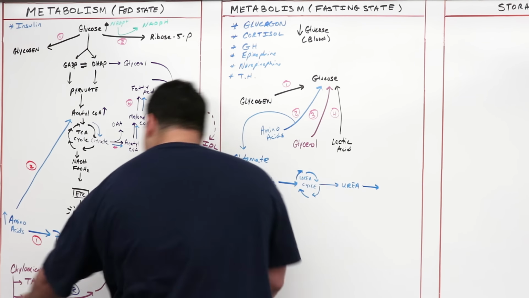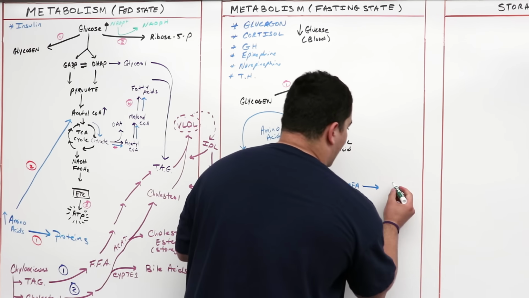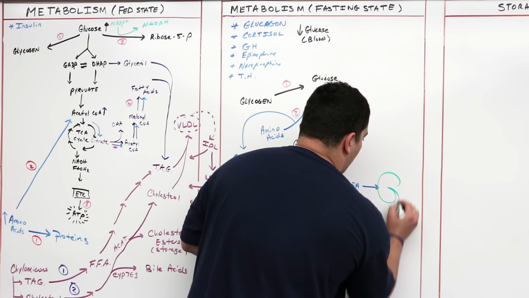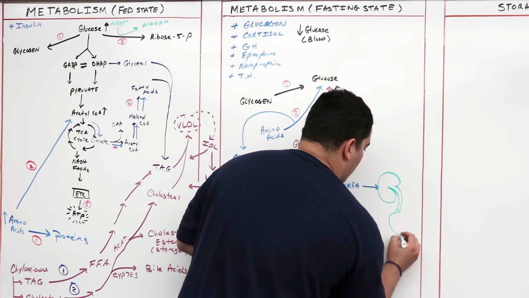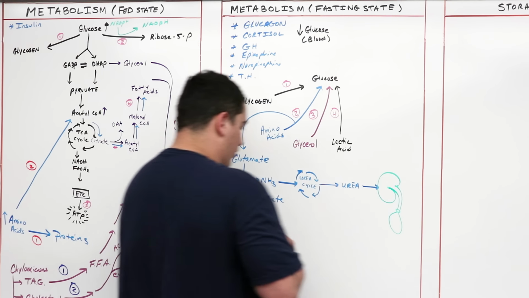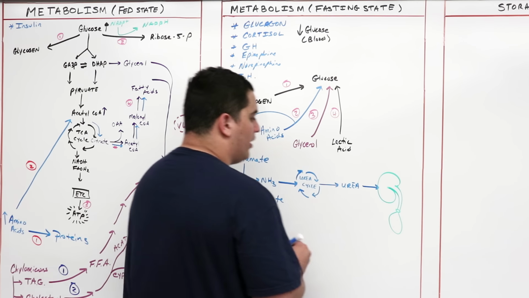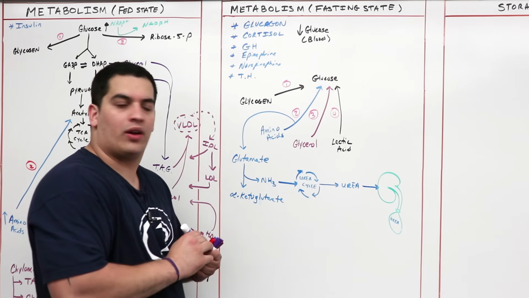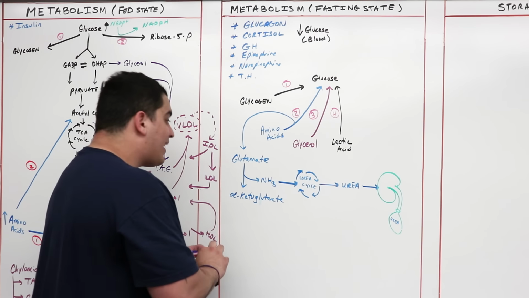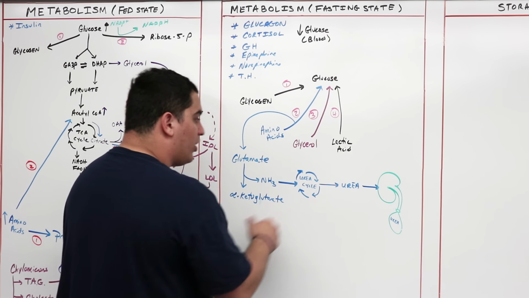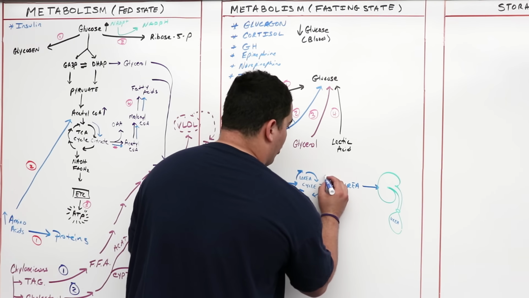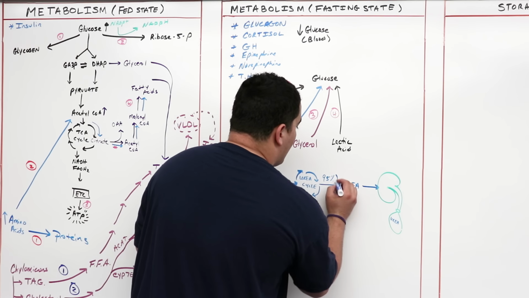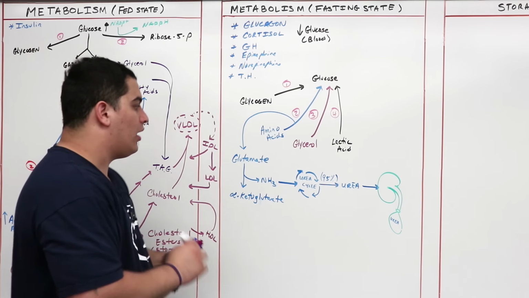You know the kidneys? The kidneys can take up that urea and excrete it, right? So we're going to pee that out. Now in the urine, we might see a lot of urea. Okay, that's one important thing. The ammonia going through the urea cycle and producing urea accounts for 95% of the ammonia metabolism.